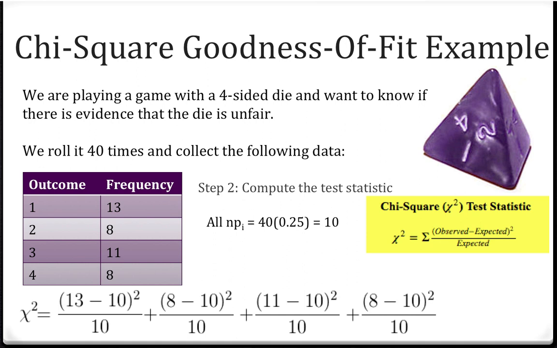When you're doing this math out, note that all of these fractions are going to be positive because in the numerator, any number that is squared is a positive number. When we do out this math, we get a chi-square test statistic of 1.80.